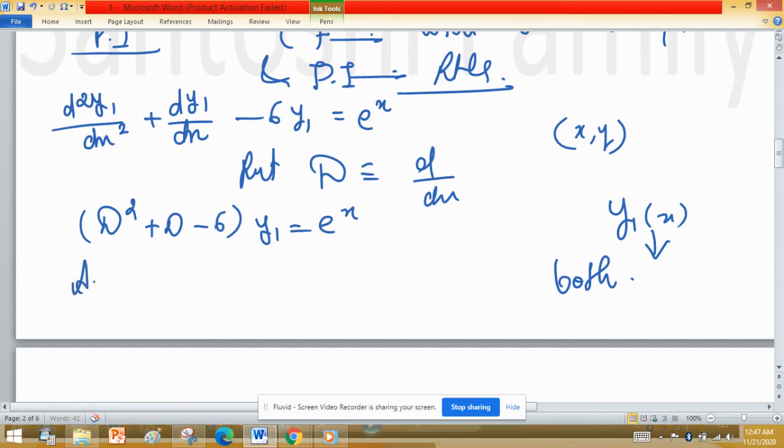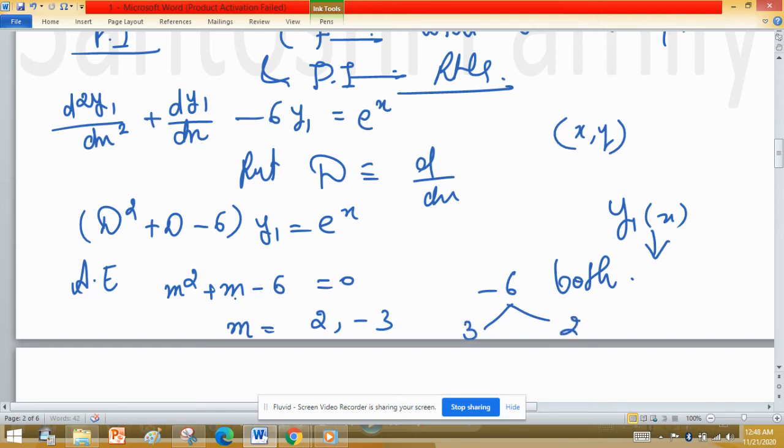Now its auxiliary equation will be m² + m − 6 = 0. After finding the roots, m equals 2, −3, as you can write −6 as 3 times 2, and we have to obtain a plus sign after subtracting, so one will be positive and the other negative.